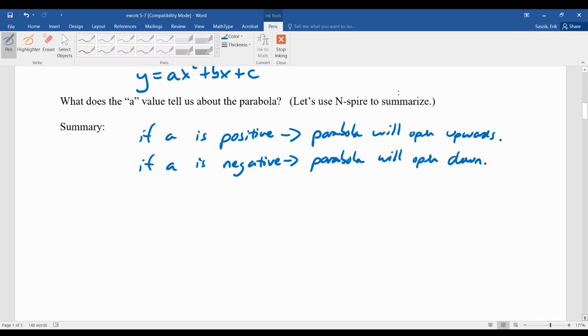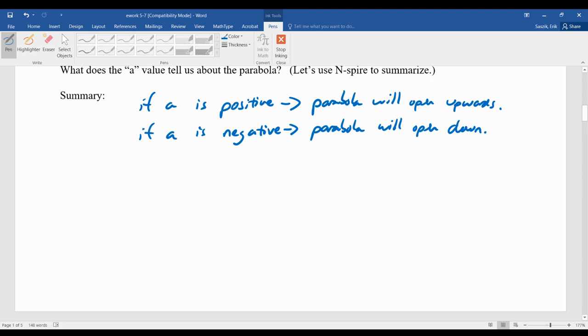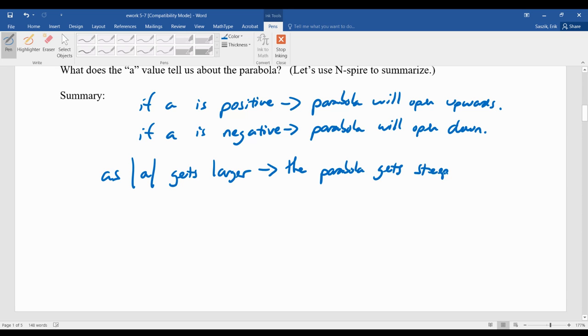Okay. Now, as the absolute value of a gets larger, the parabola gets steeper, narrower.